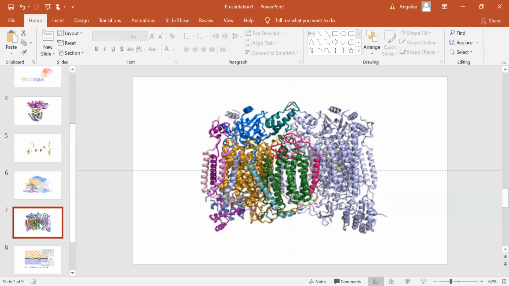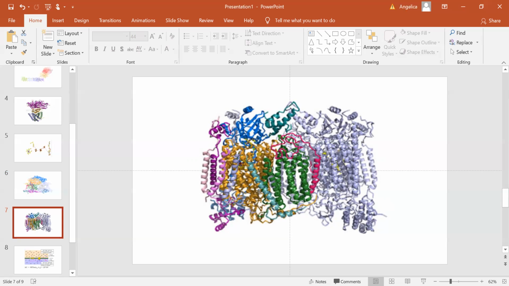Here is complex 4, the cytochrome c oxidase. 160 kD, 13 subunits. Cofactors: heme, copper ion. About 4 H+ are pumped out of the matrix per 2 e- transferred. Ribbon diagram of the cytochrome c oxidase complex 4 structure.